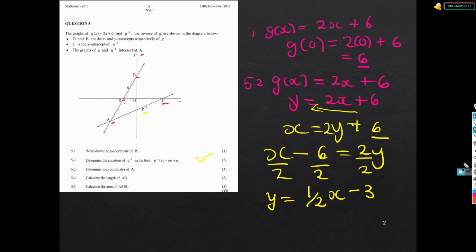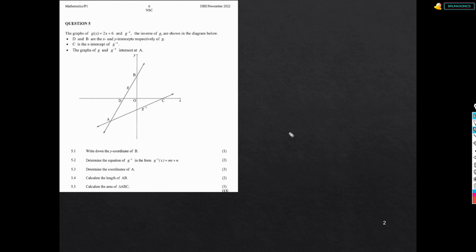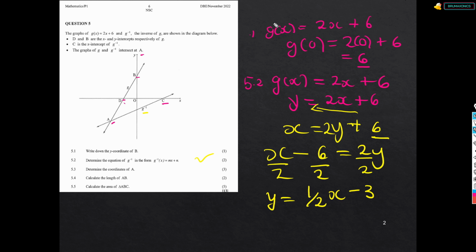Simple and straightforward, right? So now they are saying, let me just go back a little bit and check if this question is related to the other one.